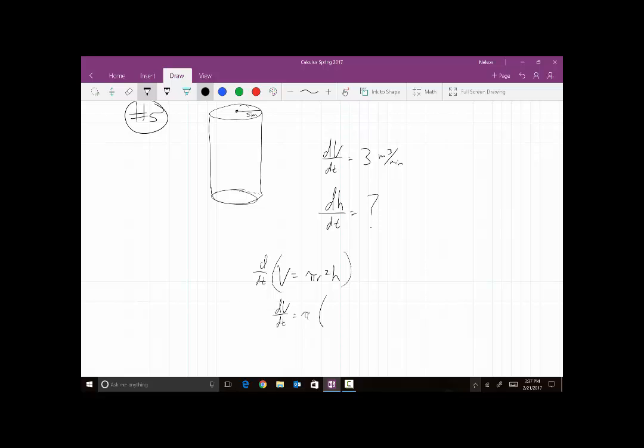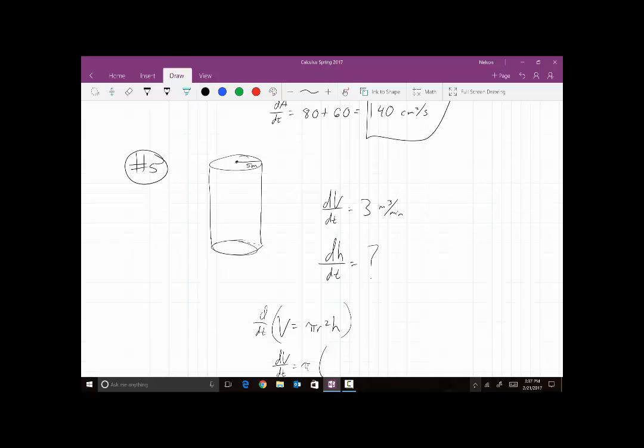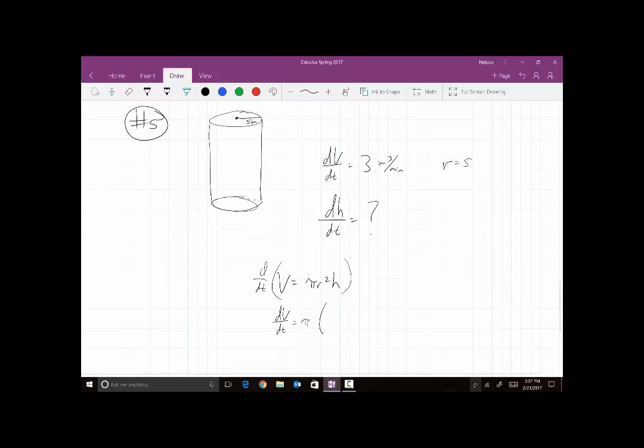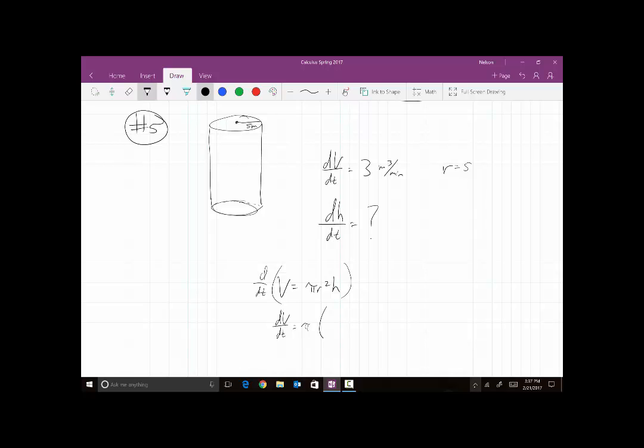In this problem, since r is told to be 5, you could just plug that in for r. But if you didn't know that, and you took the derivative, you'd get 2r times dr/dt times h left alone, plus r squared times 1 times dh/dt.